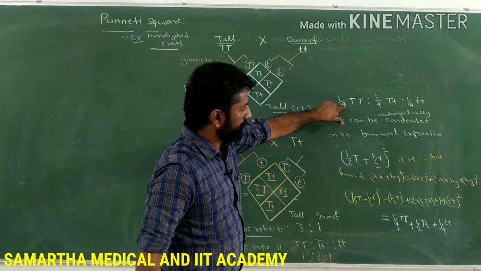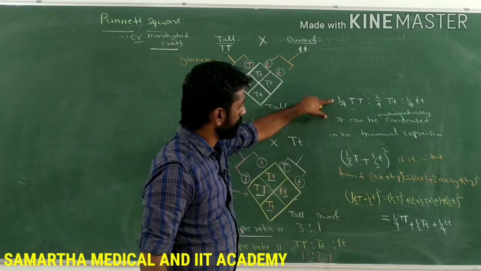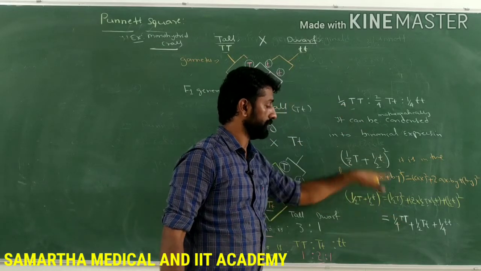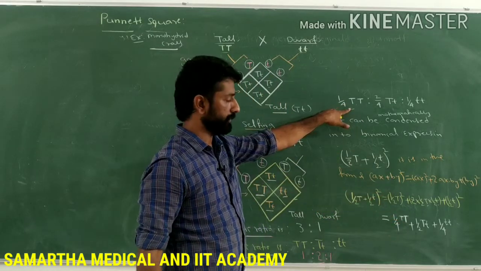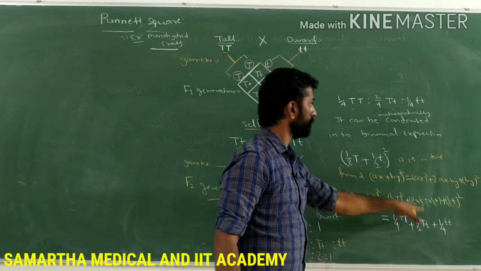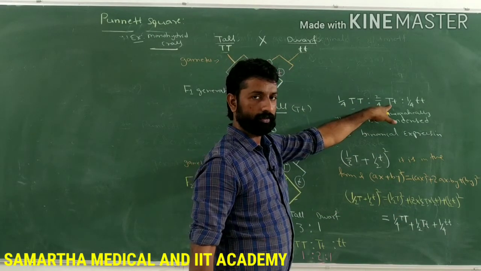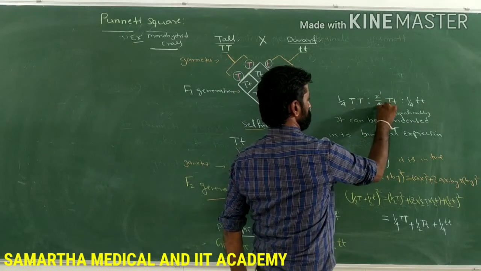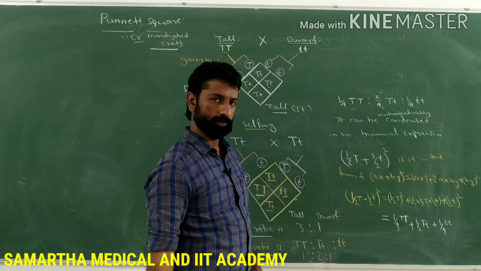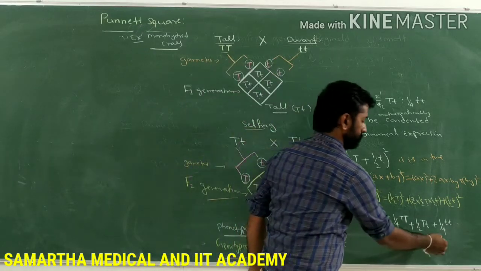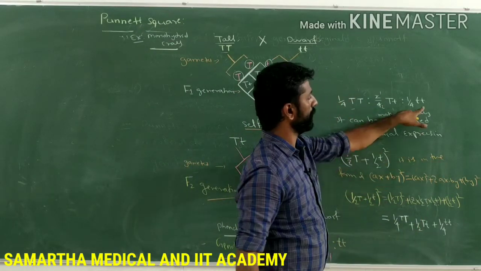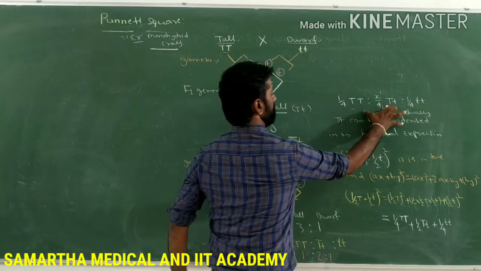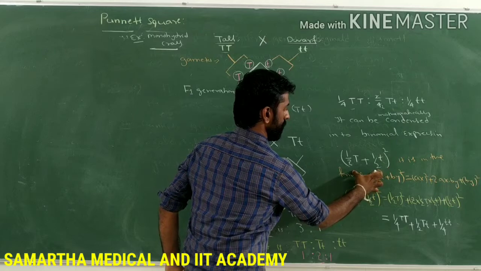This is the combination we got here. 1 by 4 capital T capital T, that is homozygous dominant. 2 by 4, that is 1 by 2, are capital T and small t, that is the heterozygous condition. Then 1 by 4 are small t small t. So this is mathematically condensed into which form?